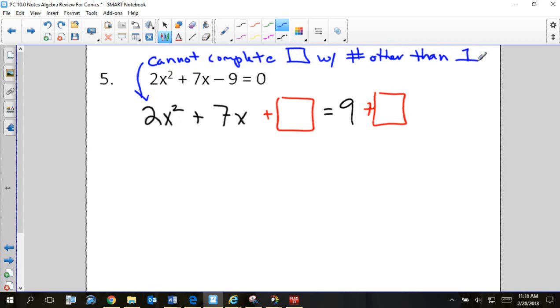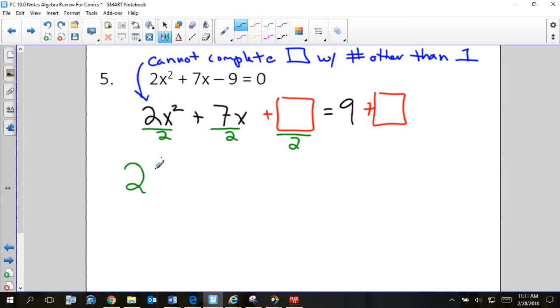That coefficient on the x squared has to be 1 or you can't do complete the square. So we have to factor it out of the first 3 terms, even though you don't know the third term. We're going to factor it out. So I'm going to take that 2, and I'm going to factor it out just like a GCF, like we did on the front page.